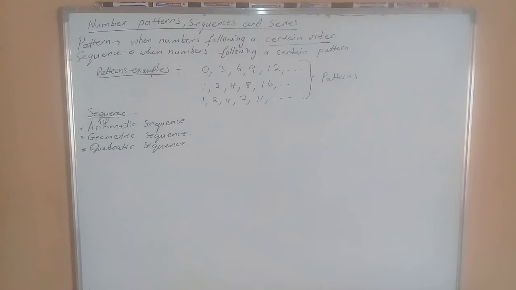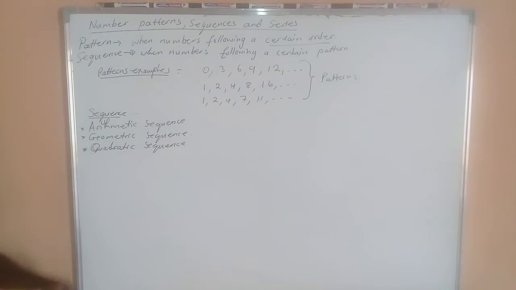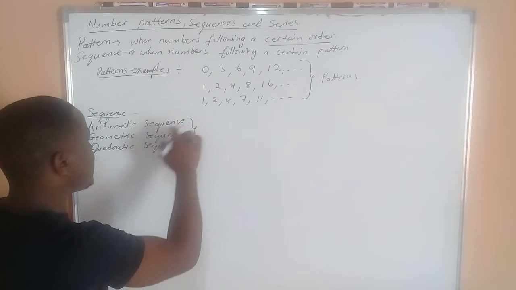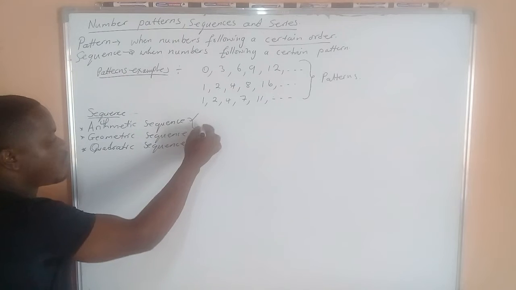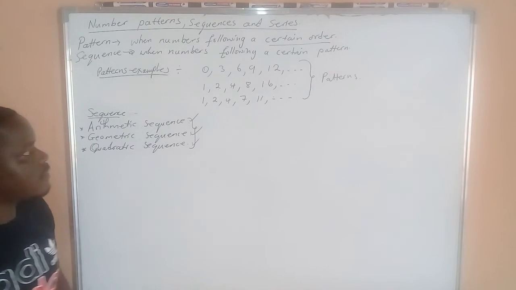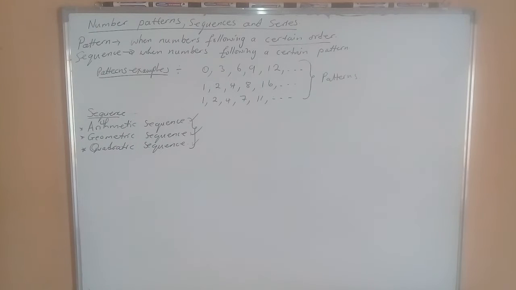Okay, right? So it means each of those types of patterns that I have listed there must fall under a certain type of sequence. It either falls under arithmetic, or geometric, or quadratic. Okay, according to this syllabus of matric.